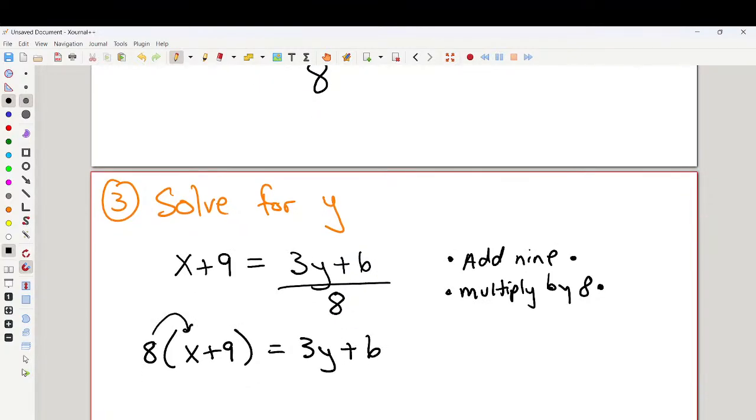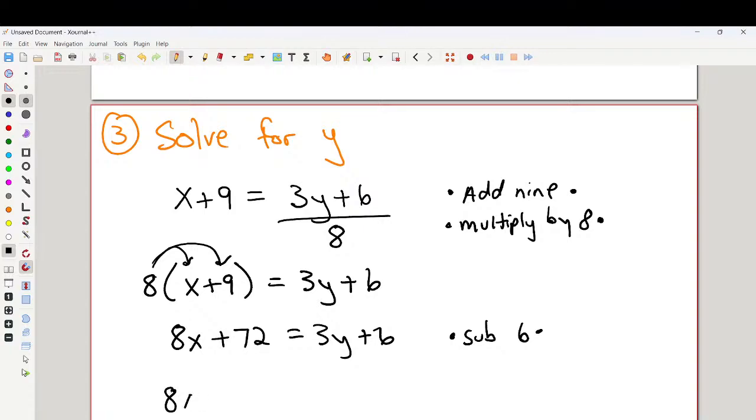We'll just do a little distribution. 8x plus 72. And now subtract 6. Eight x, let's see, take 2 away, then 4 away would be 66.